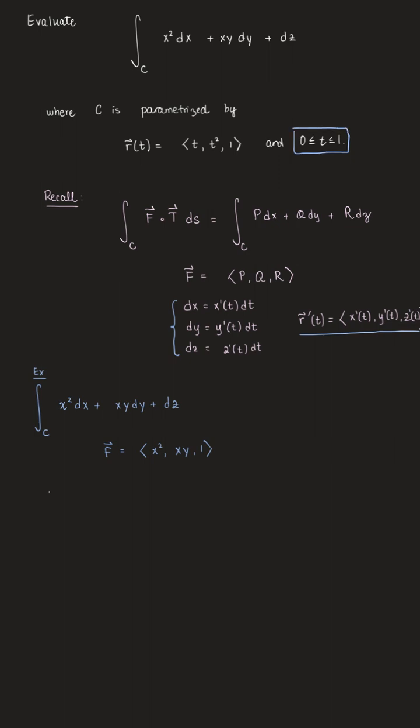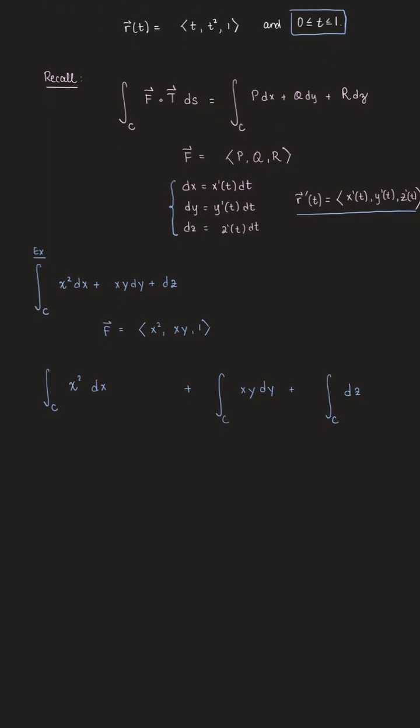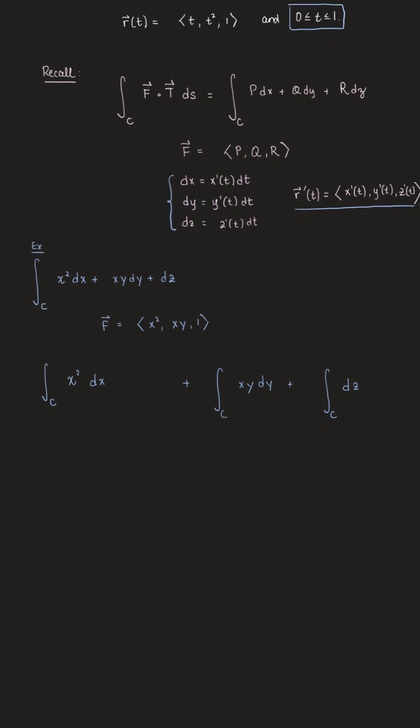So we'll rewrite this as the integral over the curve of x squared dx plus integral over the curve of xy dy plus integral over the curve of 1 dz. And we'll do a little bit of work underneath each one of these integrals.